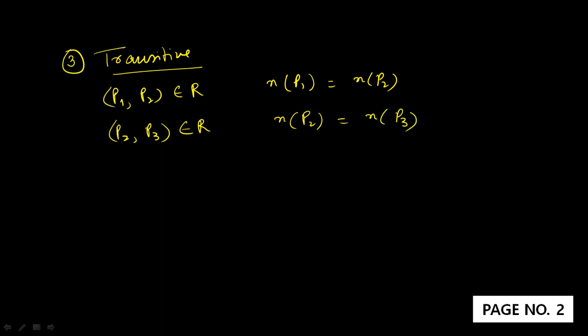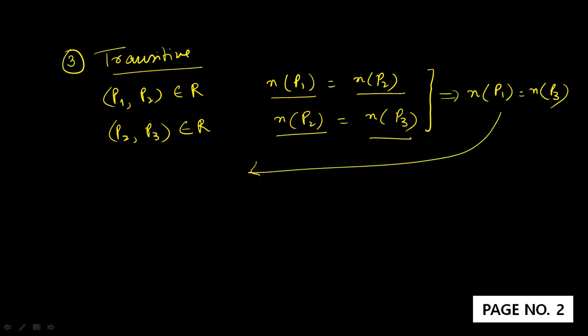If nP1 equals nP2 and nP2 equals nP3, then clearly nP1 equals nP3. It means (P1, P3) belongs to R. Therefore, transitive nature is there. R is transitive.